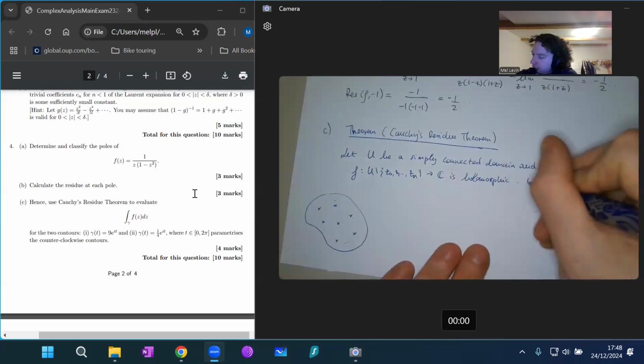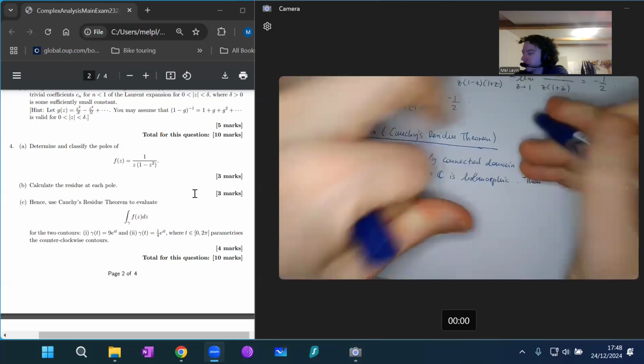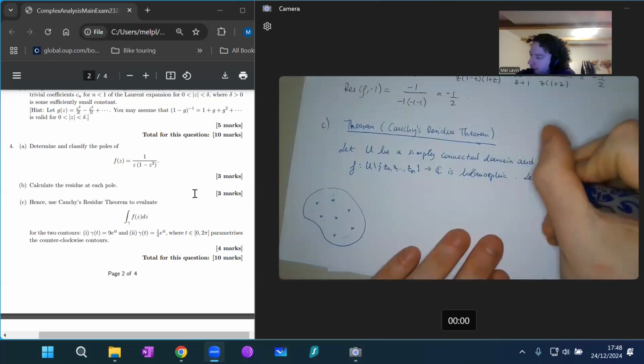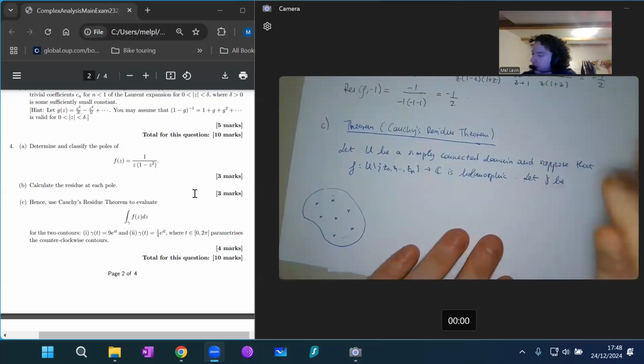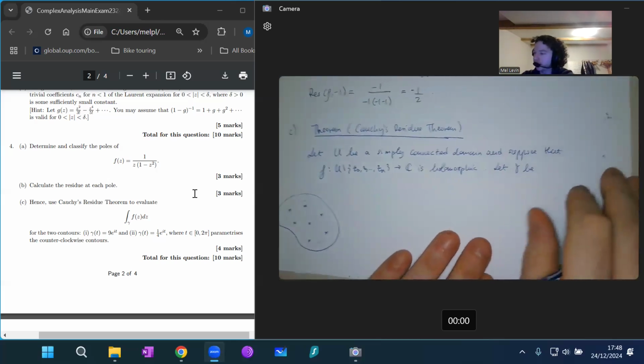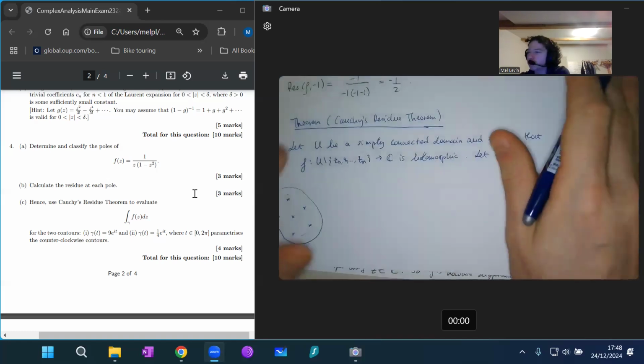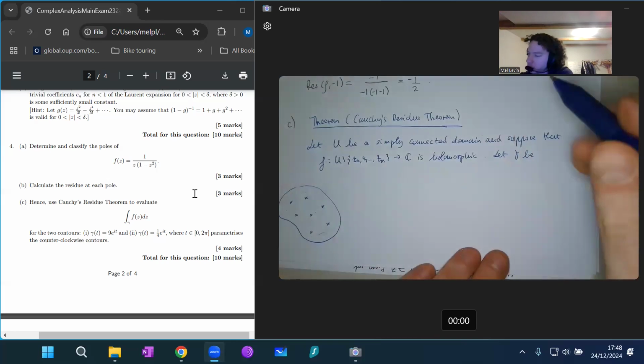It's holomorphic. Then let gamma be... There's a fair few ways of stating this theorem, but I'll state it in one of the simplest ways you can.